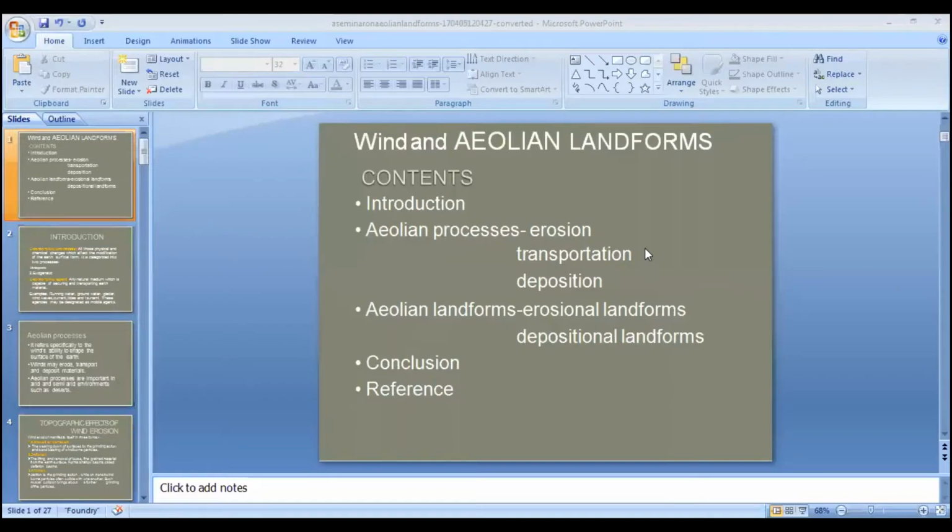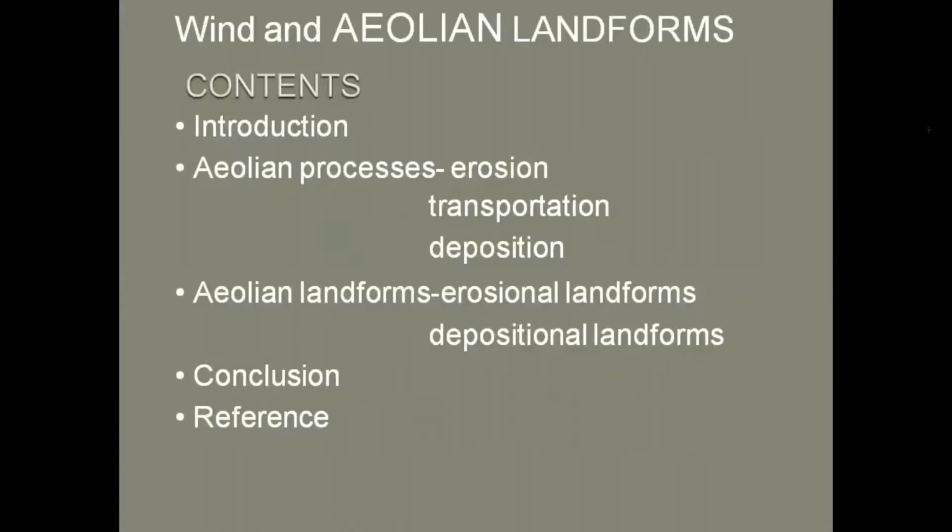Okay, today we will start the next topic that is regarding the wind and Eolian landforms. So, as we all know, there are four geomorphic agents. There are glaciers, there is wind, there is water, and then there is ice.